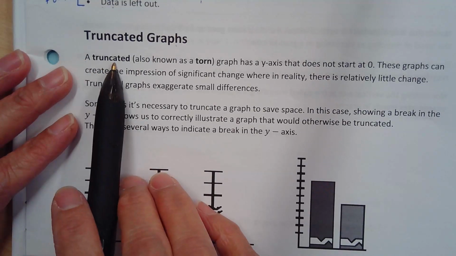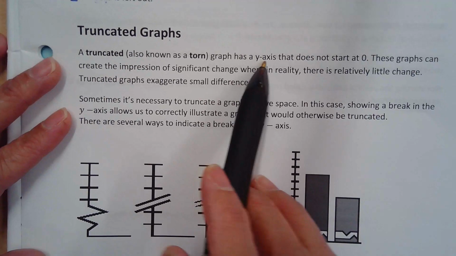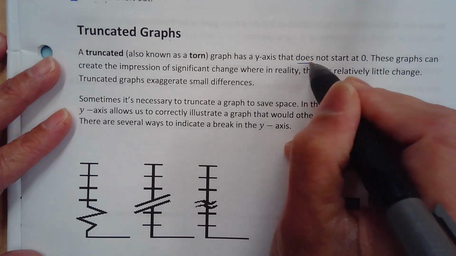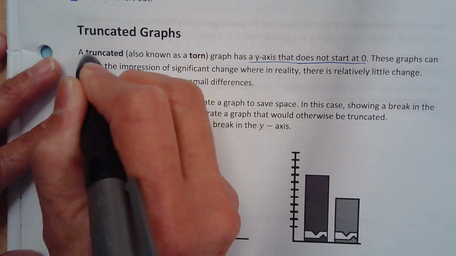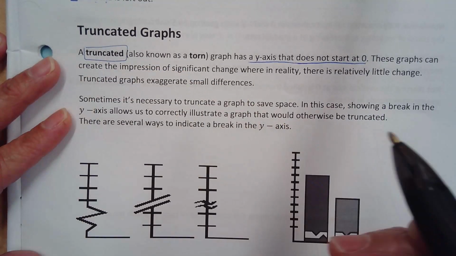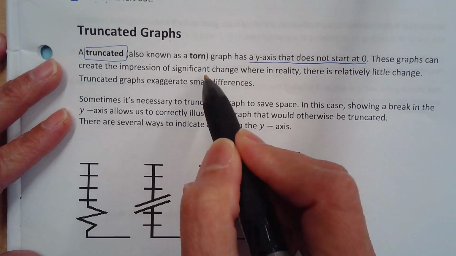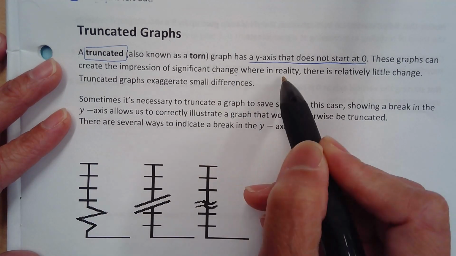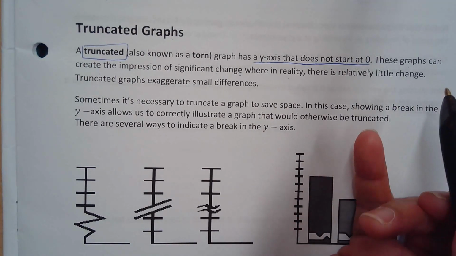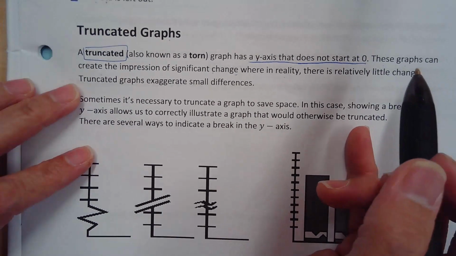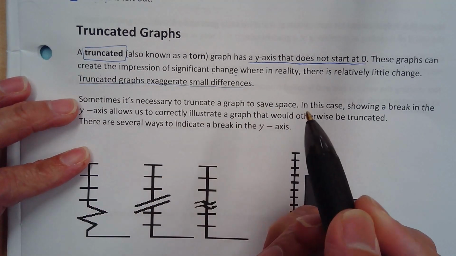So a truncated graph has a y-axis that does not start at 0. These graphs can create an impression of a significant change when in reality there is relatively little change. Truncated graphs exaggerate small differences.